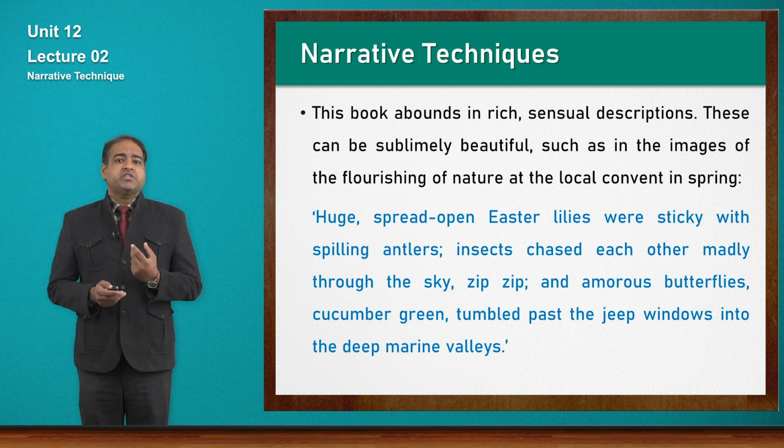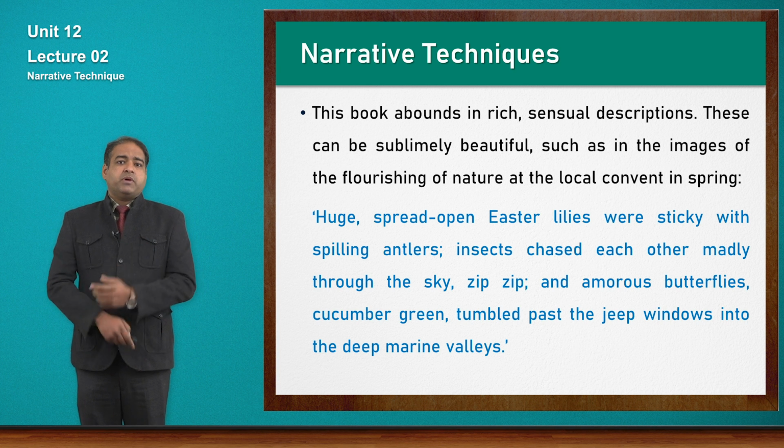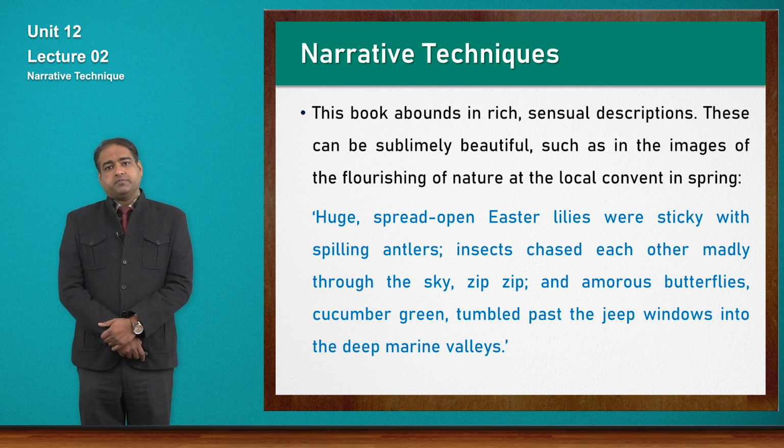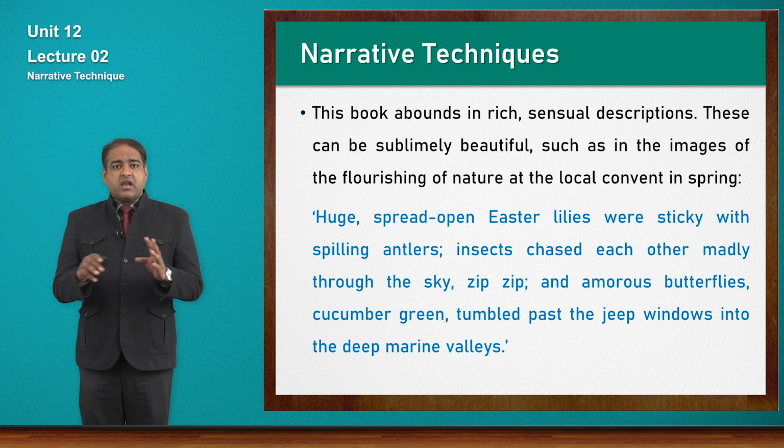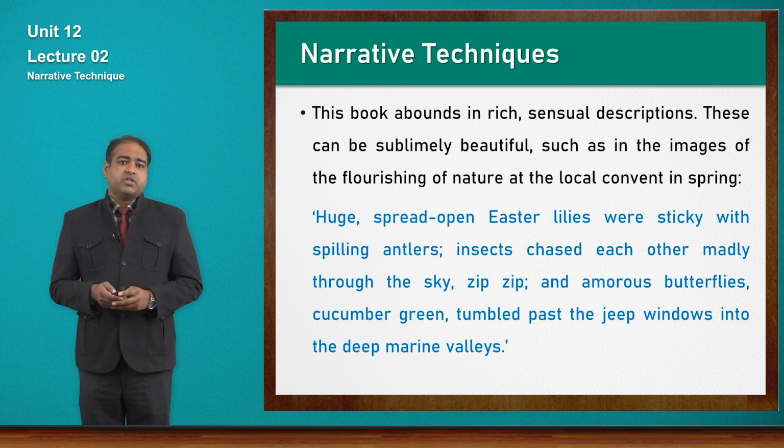And that kind of nature, that kind of peace is visible in this statement, with the beautiful description of the colors spread around in nature, and the various breeds of insects visible at that place.